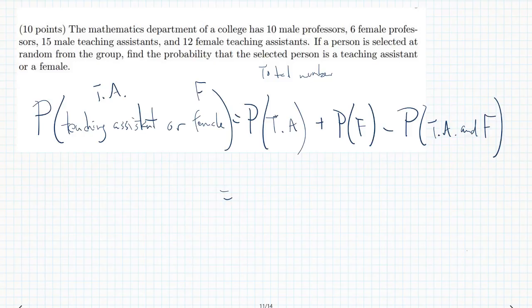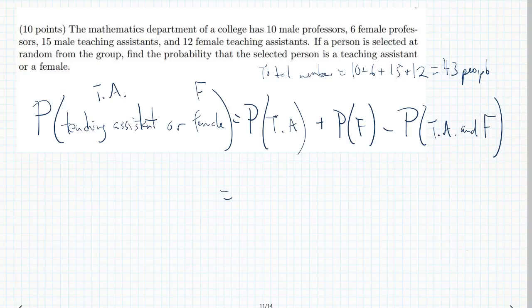We have 10 male professors, 6 female professors, 15 male teaching assistants, and 12 female teaching assistants. So the total number of people is 10 plus 6 plus 15 plus 12, right? So this equals 16, 31, 43, I believe. So 43 people. So that's going to be our denominator.